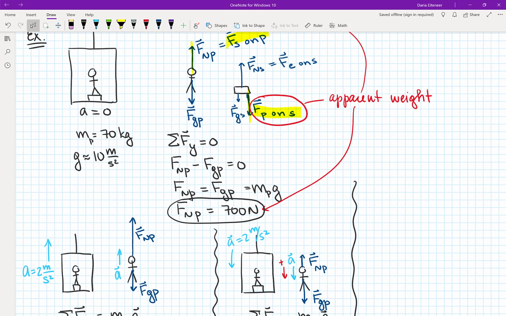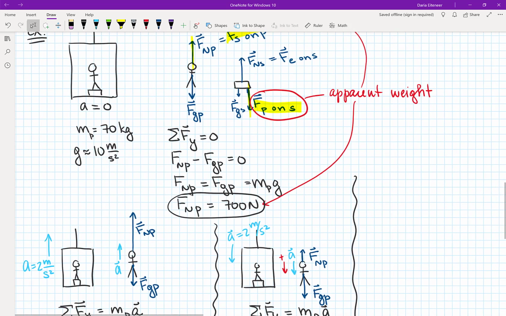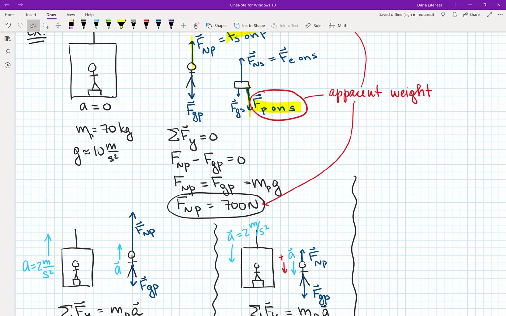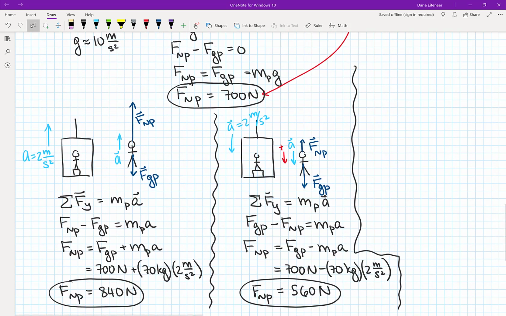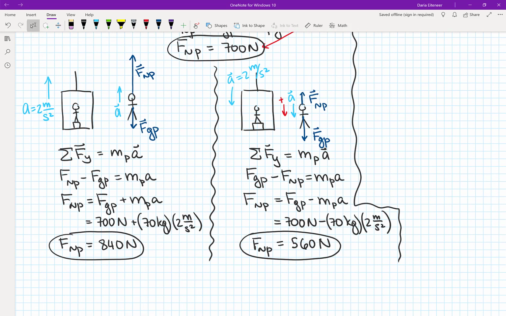What mattered in the first part is that the forces were balanced, right? So if an elevator is moving at constant speed, that's still going to be exactly that. So this weight loss or weight gain is really short-lived. It's not even while the elevator is moving. It's only while the elevator is accelerating.